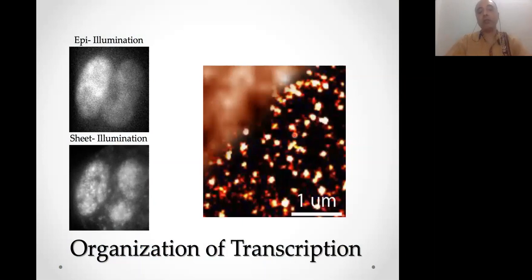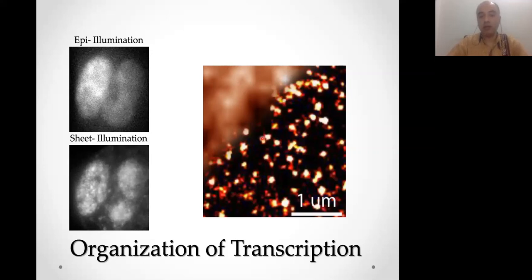So we could see the same kinds of clusters that people talked about in their confocal images, but of course our clusters are much more well defined and much smaller in size. They were always less than 100 nanometers in size. And if you just take the epifluorescence image, this is what you will get.